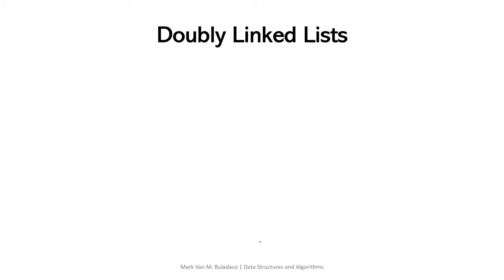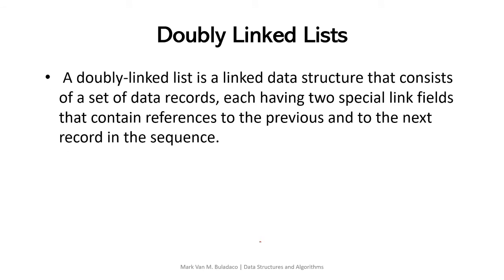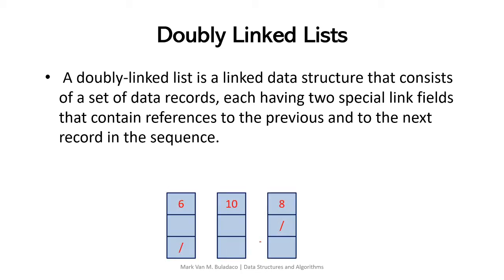Another type of linked list is the doubly linked list. A doubly linked list consists of 3 fields: the info, the next, and the previous. So this is the head.